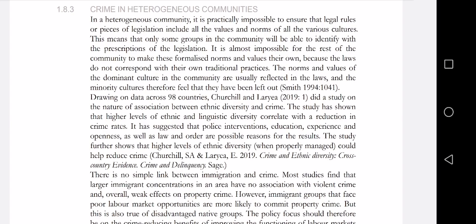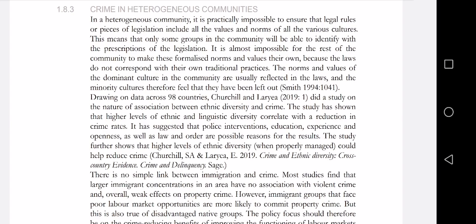It is almost impossible for the rest of the community to make these formalized norms and values their own because the laws do not correspond with their own traditional practices. The norms and values of the dominant culture in the community are usually reflected in the laws, and the minority cultures therefore feel that they have been left out.